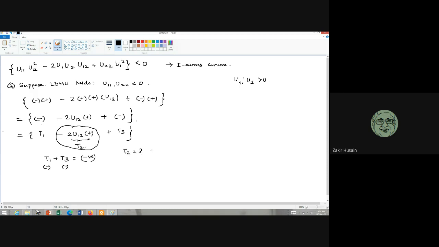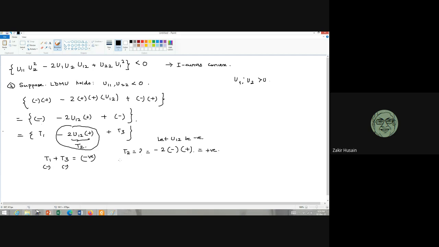What is T2? Okay. See, this part is positive. Suppose U12 is negative. Then what will be the sign of this? See, this minus and minus, it becomes plus.